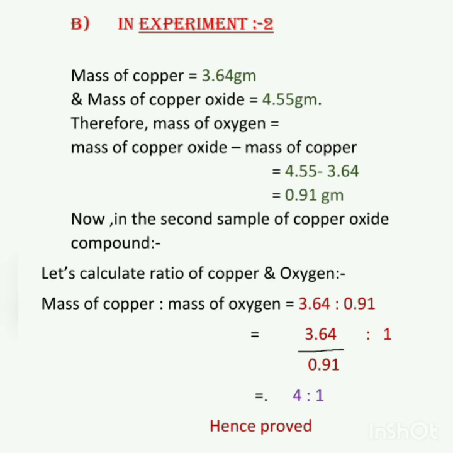Now again, what will be the next step? To find out the ratio of copper and oxygen. So again, finally we have got 4:1 as the ratio of mass of copper and the mass of oxygen. So here we have proved that in both the experiments, the ratio of the masses of copper and oxygen would be same, that is 4:1, which satisfies the law of constant proportion.